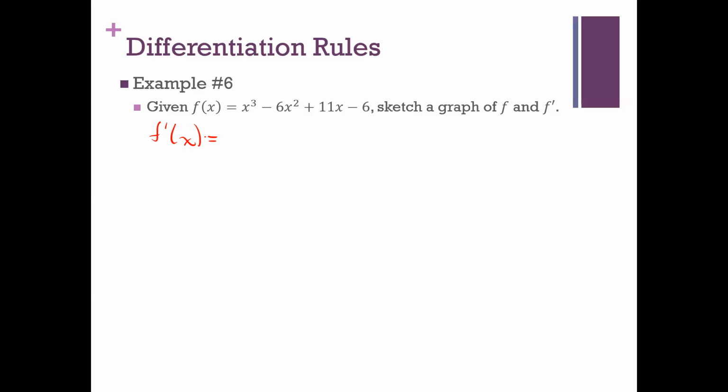What is f prime of x? 3x squared minus 12x plus 11. Just like that, right? Can I graph the derivative? Do I have any idea what it looks like?